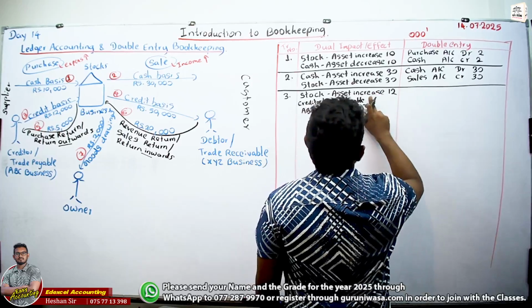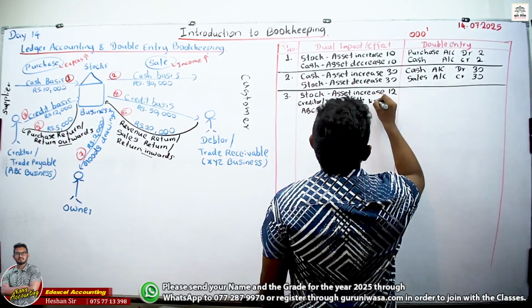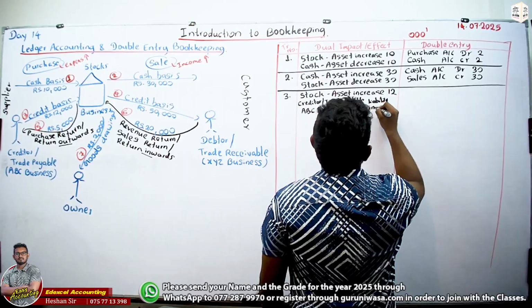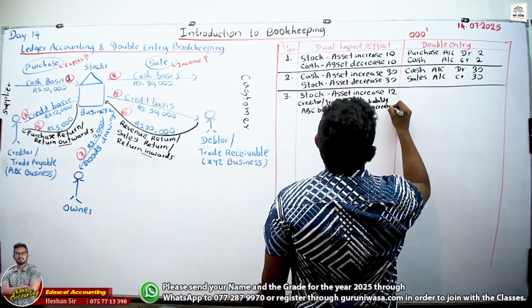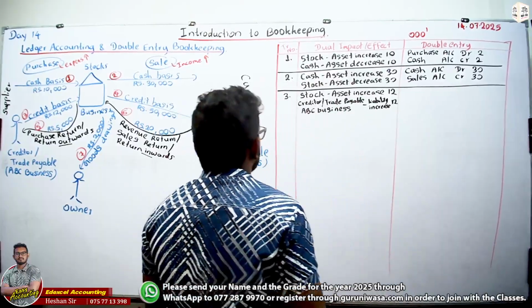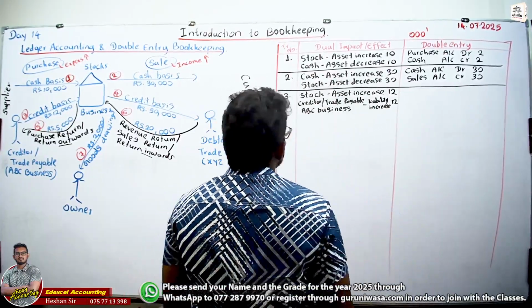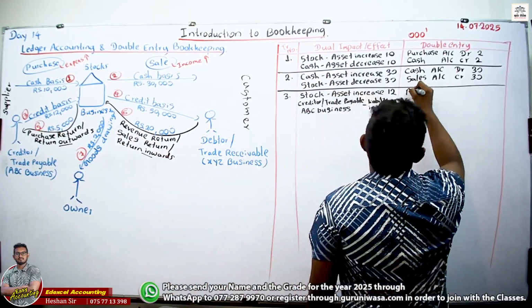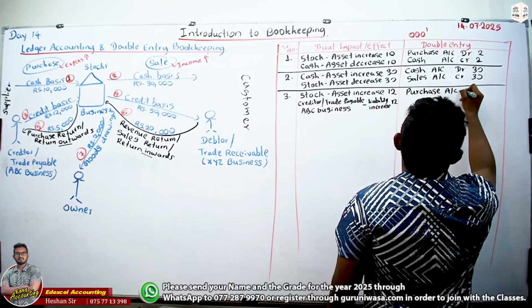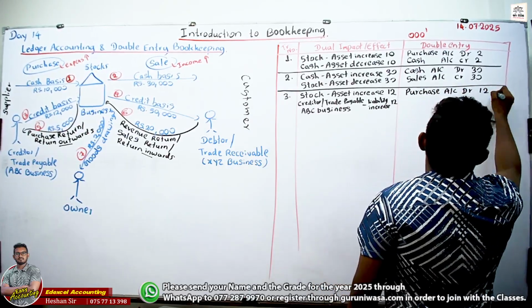Liability increase by 12. So I told you when we purchase stocks, either cash basis or credit basis, purchase account debit 12,000.